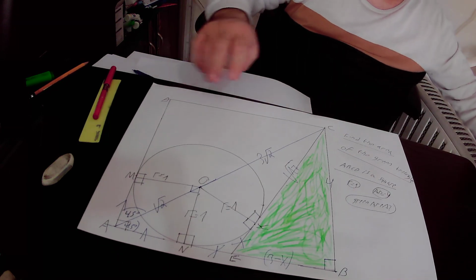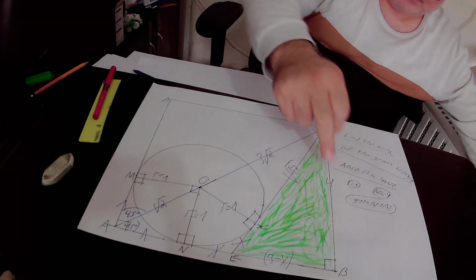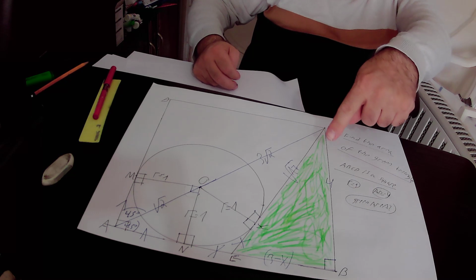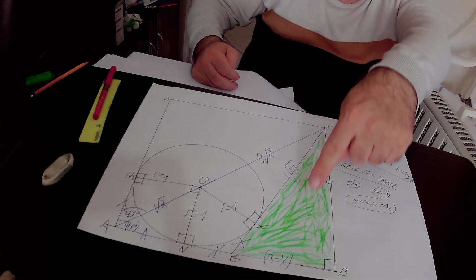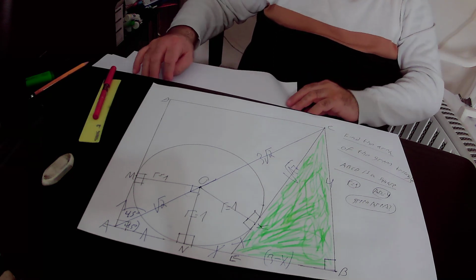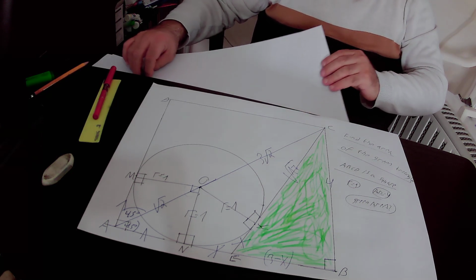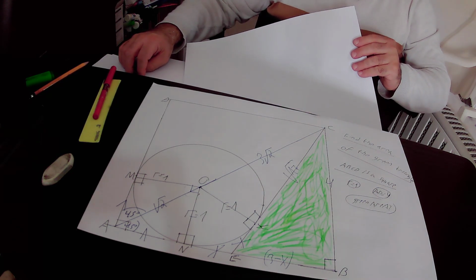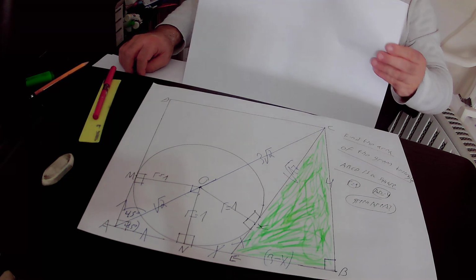So we know that EB equals 3 minus x, BC equals 4 units, and CE equals square root of 17 plus x units. So we focused on the right green triangle, triangle CEB, and we implemented the Pythagoras theorem.